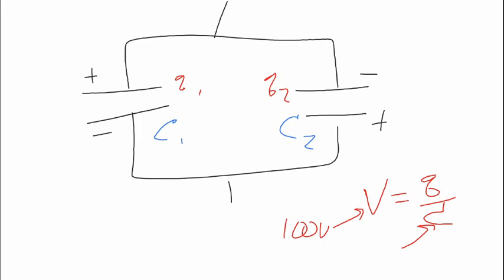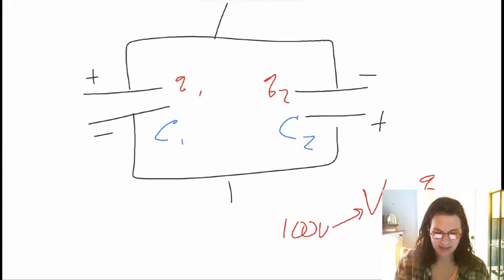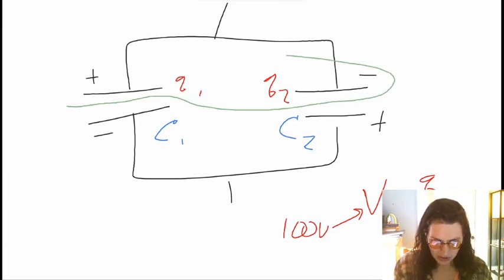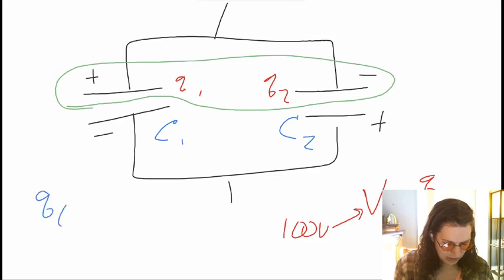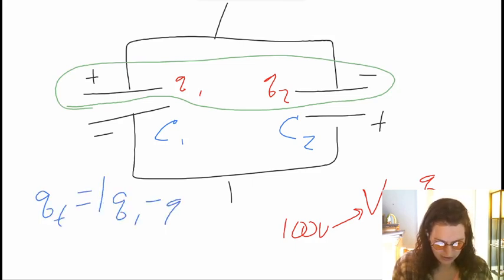But in this case, where we have the reversed polarity, since the positive charge here is going to be balanced out by some negative charge on this side, the way you'd find the total charge just for this specific problem is that the total charge is equal to the absolute value of Q1 minus Q2, right?